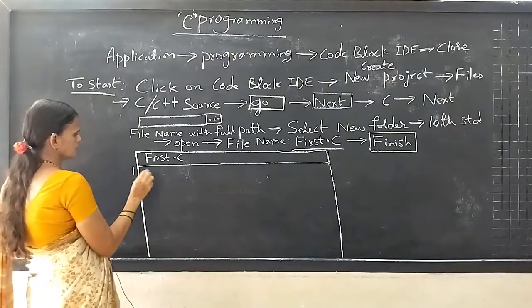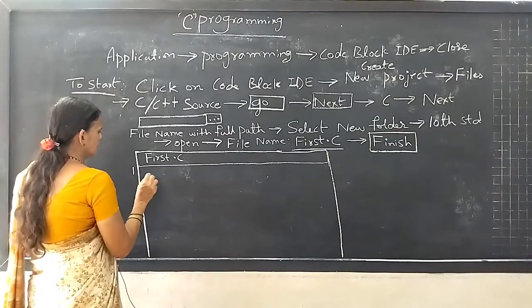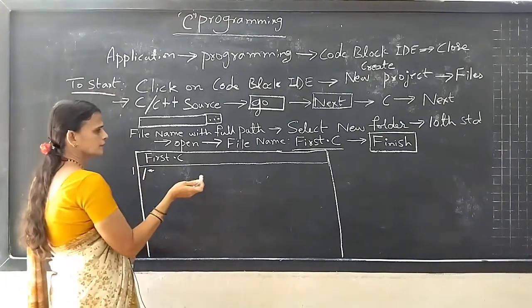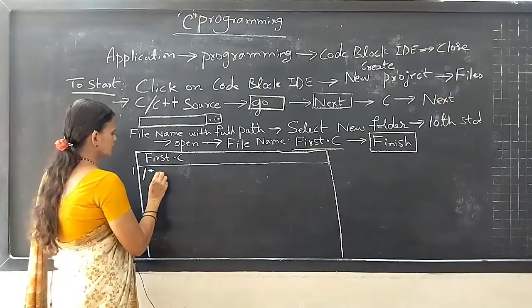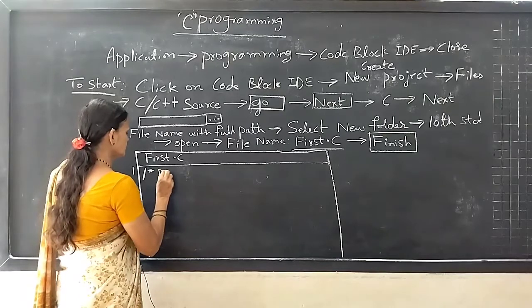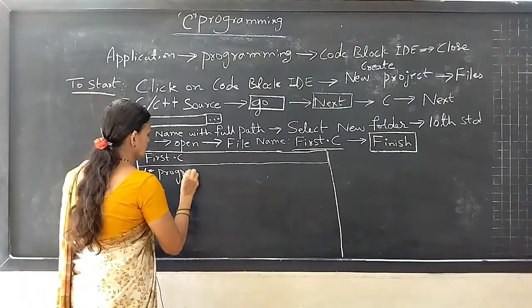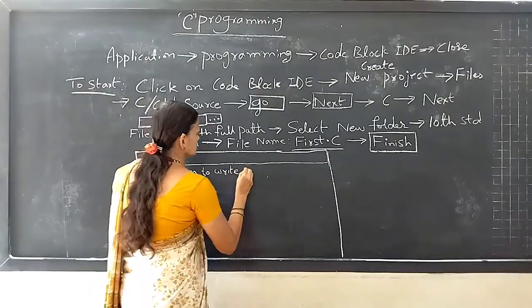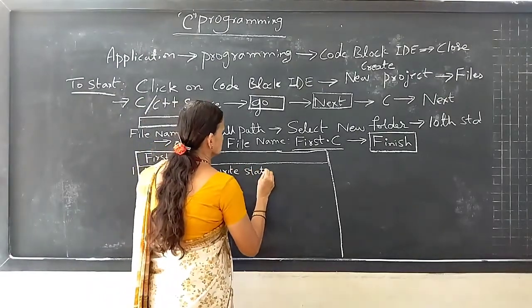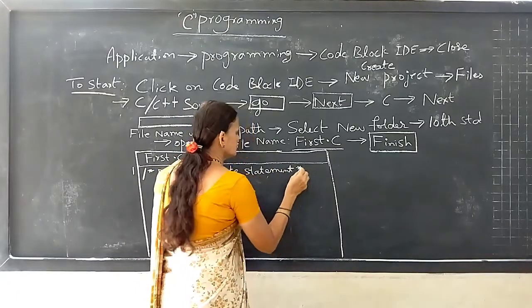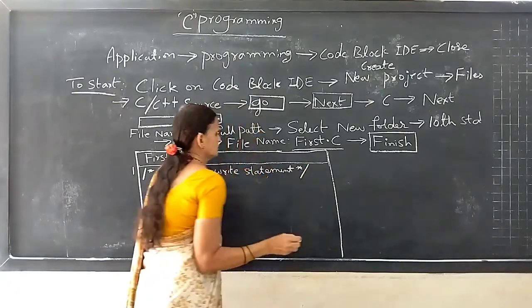So in the first line you have to write a comment entry. We'll write one statement. For that you write the comment entry as program to write statement. Slash symbol and star.